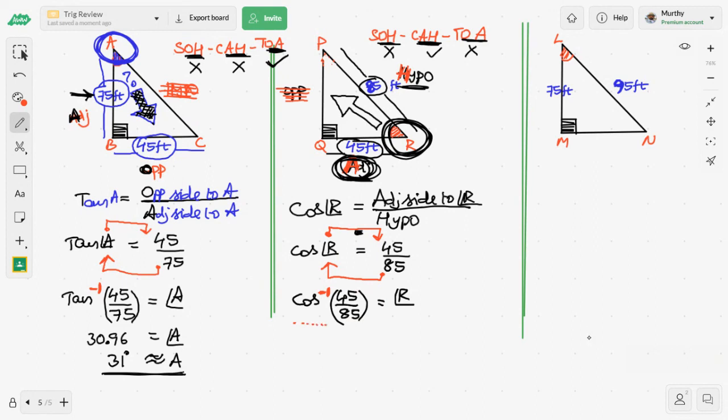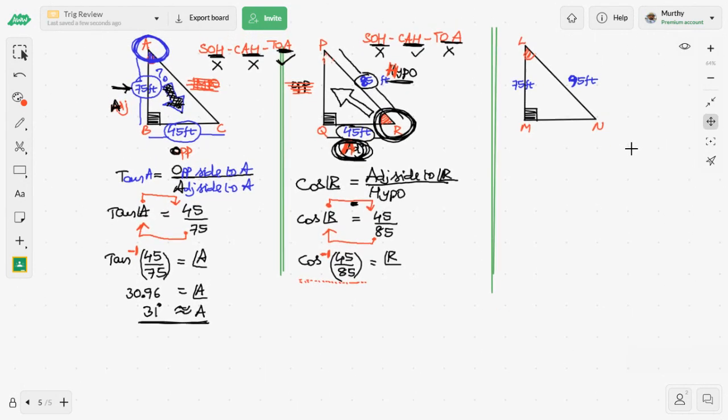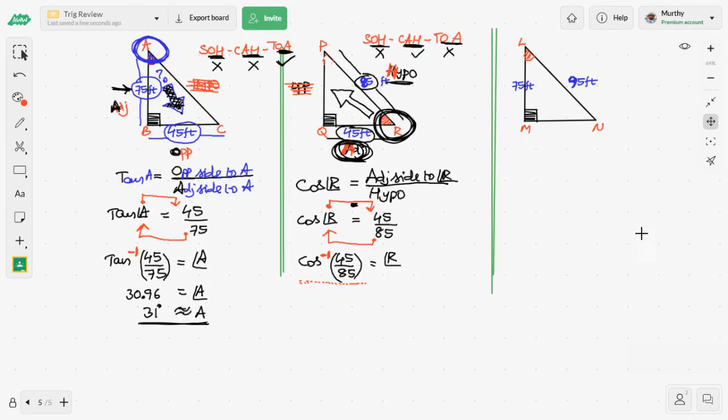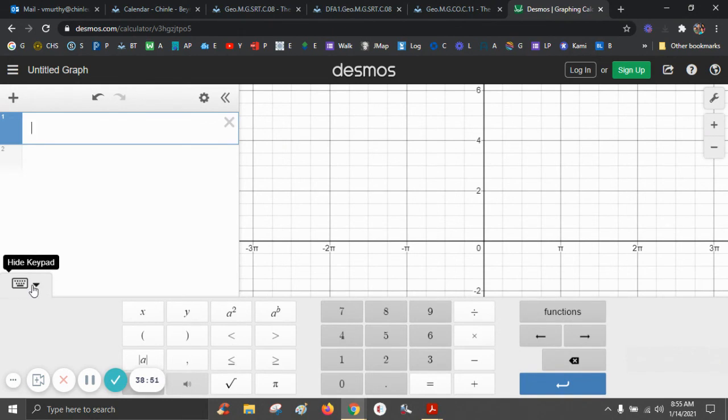Now this value is to be entered on Desmos. So cos inverse 45 over 85. Let me minimize this one so that I'll get more space. Let me clear the screen. Don't forget how to get the keypad, on the left bottom.